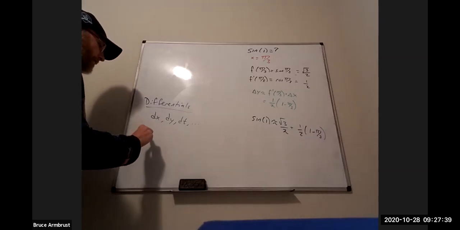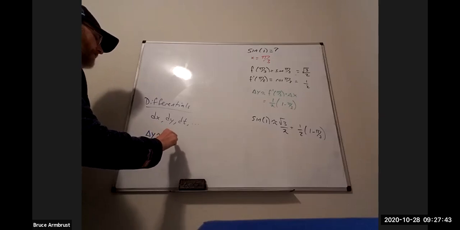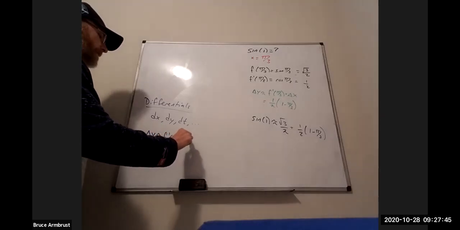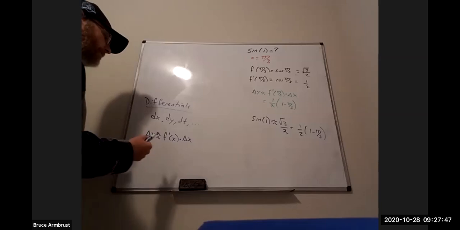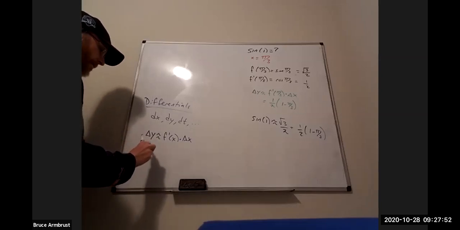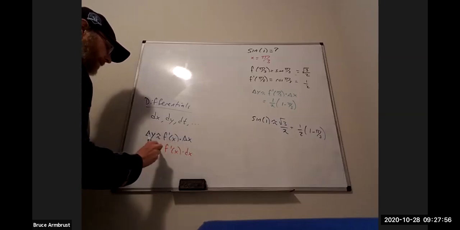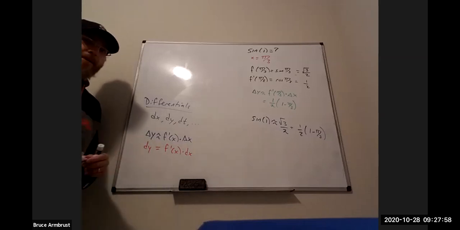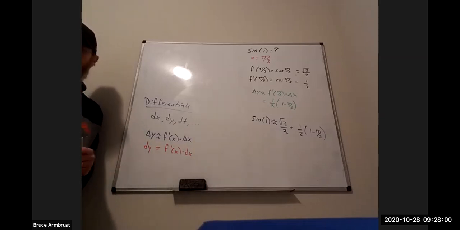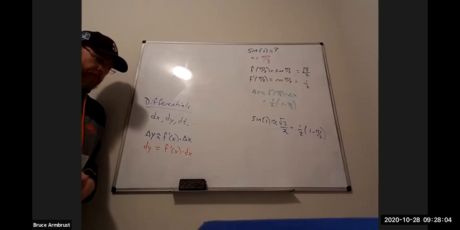So you know how I wrote here, delta y is approximately equal to f prime of x times delta x. If I went to differentials, this turns into an equals. Those things are now actually equal.